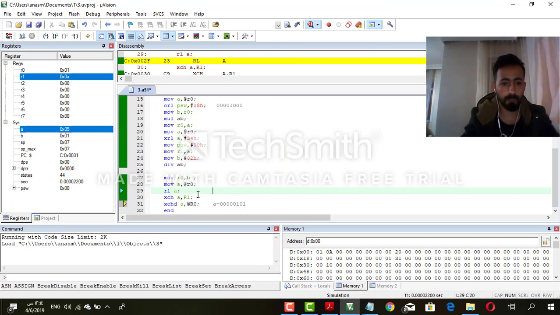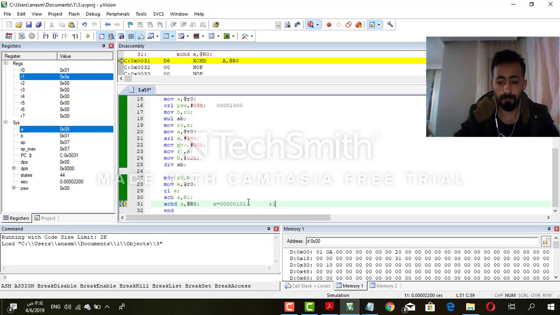Array 1 is 0000 1010. So we will just move the low order. I mean the new value of array 1 will be 05, and the value of a will be 0A, as we see.